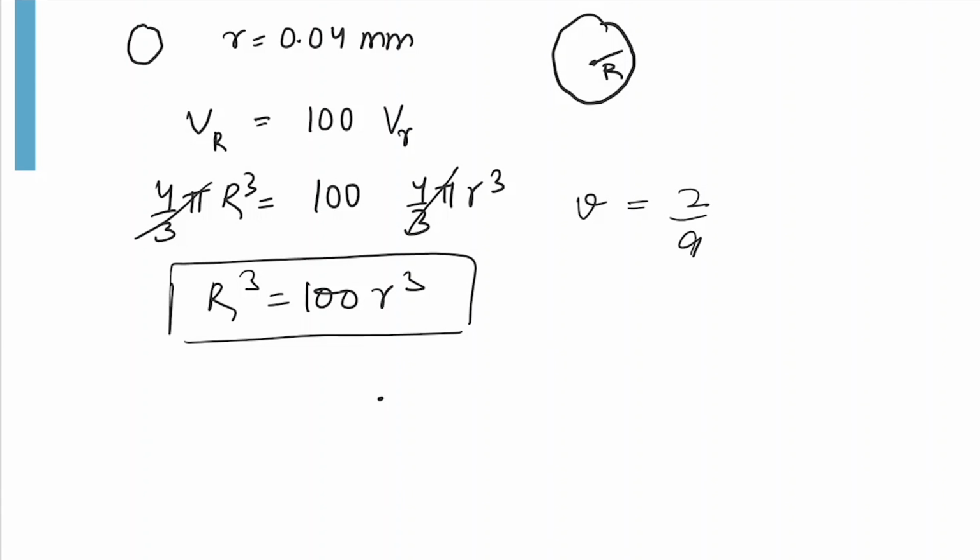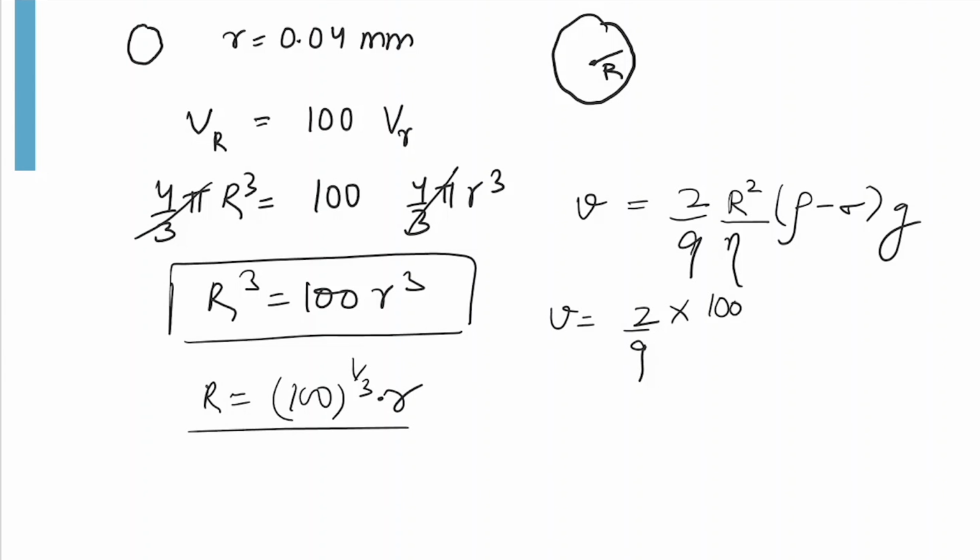Our expression for terminal velocity is 2 by 9 r square over eta (rho minus sigma) g. So let's put all those values again. Here the small r will become capital R, because here we have a bigger drop.